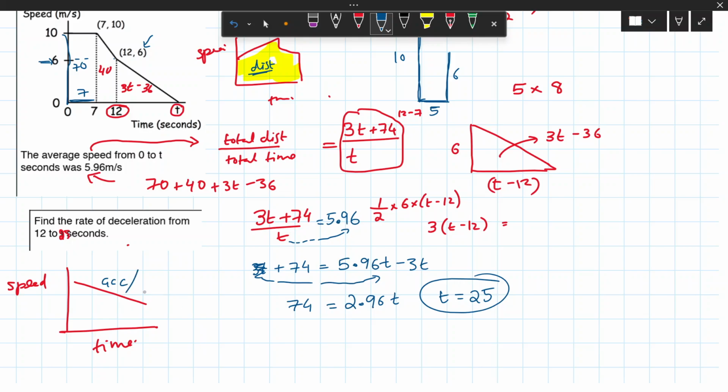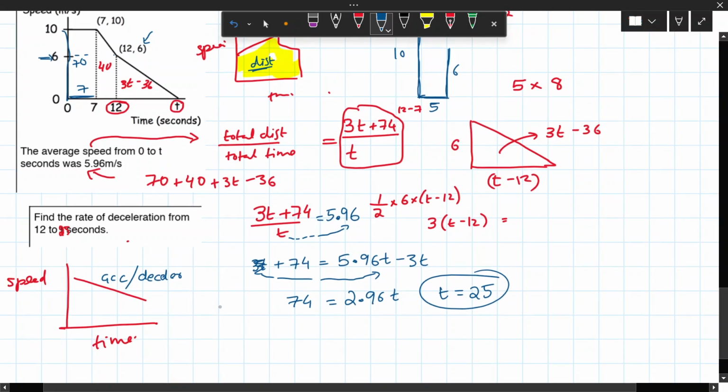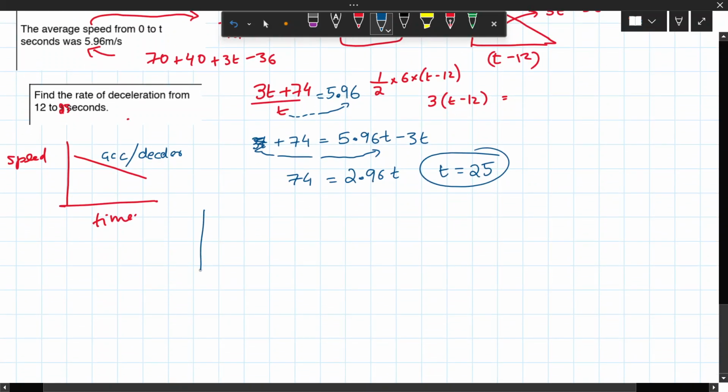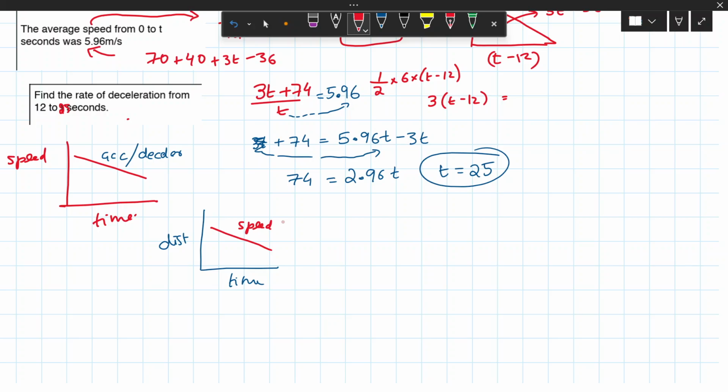And if it's a negative gradient, that is your deceleration. Positive gradient is acceleration, negative gradient is deceleration. If you have a distance time graph, and if you find your gradient on a distance time graph, that gives you your speed, or it could be your velocity if it is a displacement time graph.